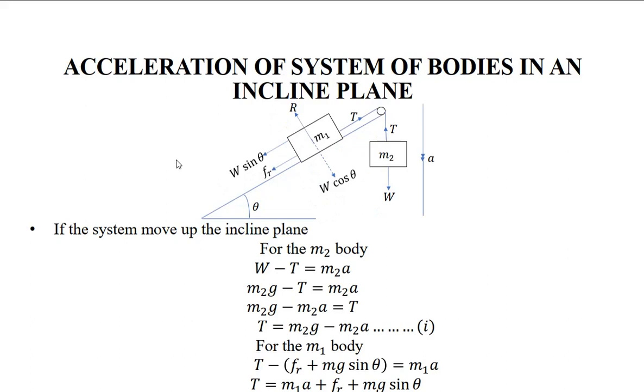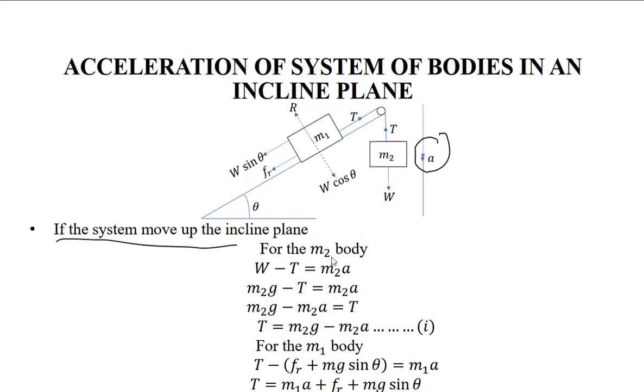Now, let's look at the acceleration of such system. For us to calculate the acceleration of the system, we must assume direction of motion. In this case, we are assuming that the system moves up the inclined plane. If the system moves up the inclined plane, we will have to analyze each of the masses separately.